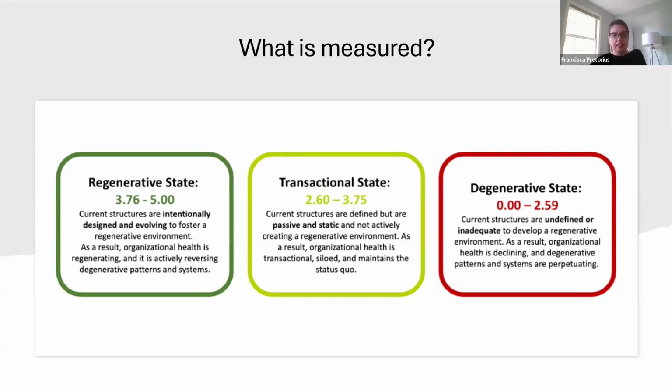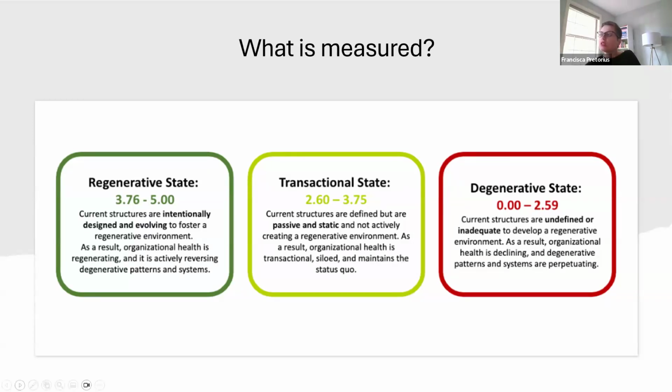This is passive, it's static. You're not actively creating a living systems environment, and there's quite a bit of silos. It's just maintaining the status quo in general. Not specifically terrible, but really not great. And then degenerative, that speaks for itself. It's undefined, inadequate. It is unhealthy for the people working there.